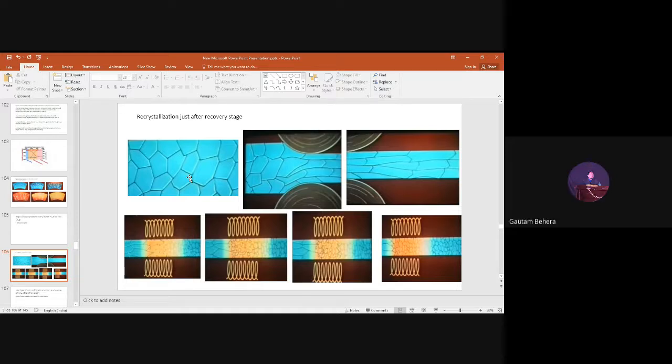You people have forgotten everything. Just look at the image today. Go and check your IPM notes at least. You have a mold wall, so the mold wall will act as a heterogeneous nucleation site. Nucleation will start over there, but the nuclei formed are basically small and equiaxed. After that, what happens?